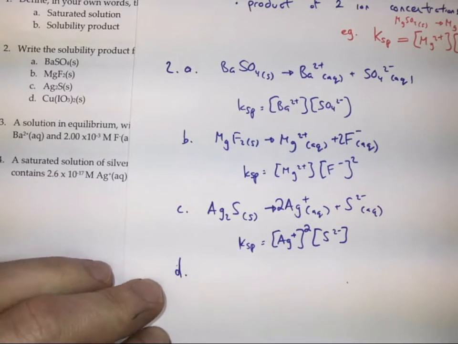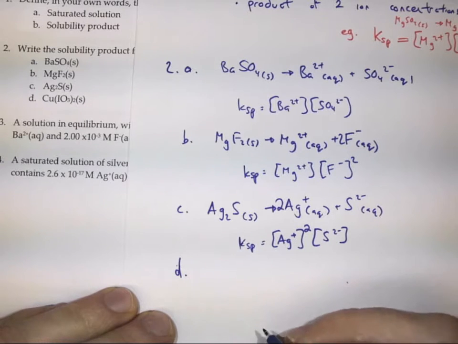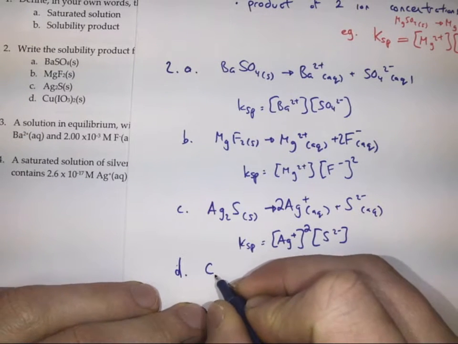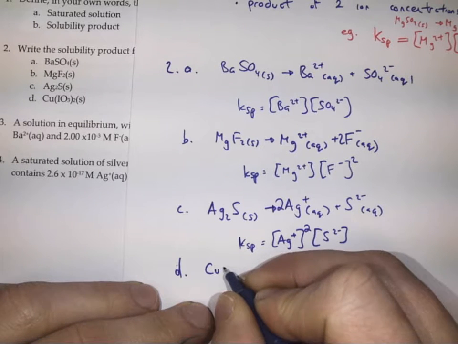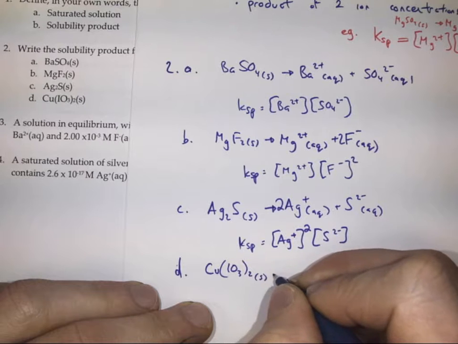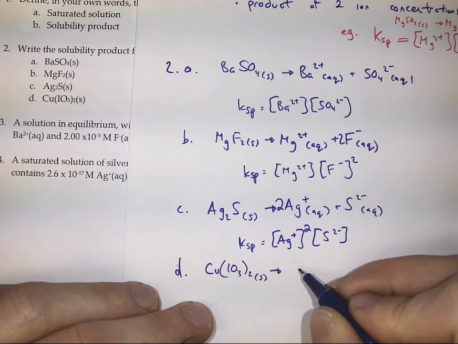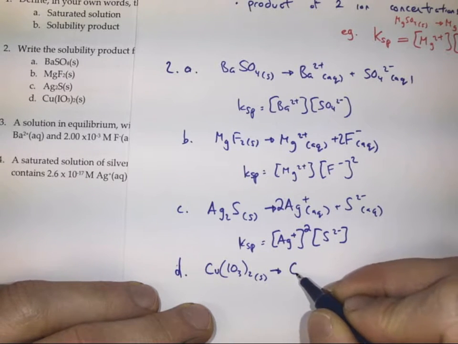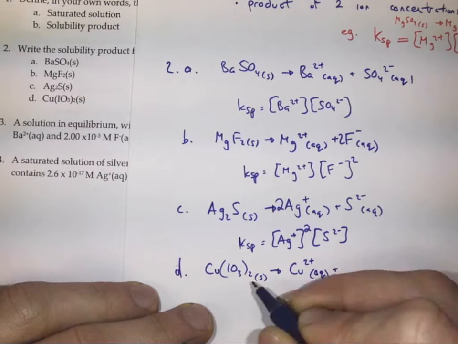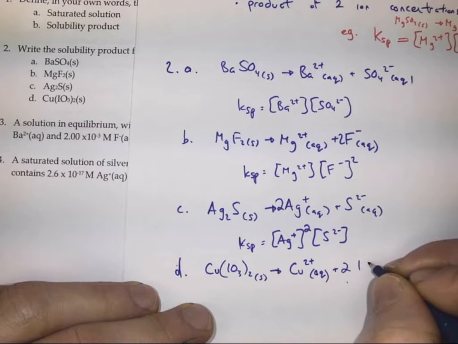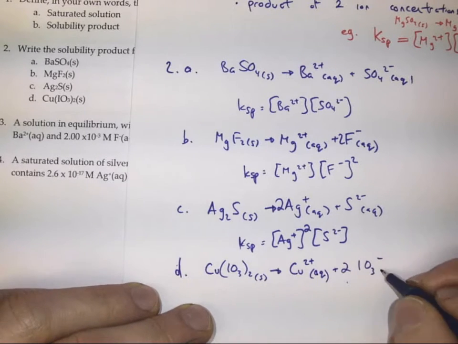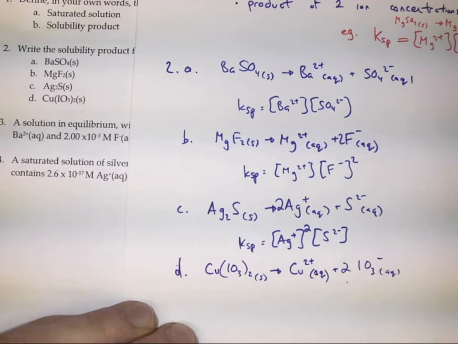And lastly, copper iodate. Iodate? I think that's the name of that ion. All right, so we've got copper 2, which is interesting. Guess it's not that interesting. It's just copper 2 at the end of the day. It's going to turn into copper 2+ aqueous plus 2 iodates, which have a charge of -1 and are aqueous.